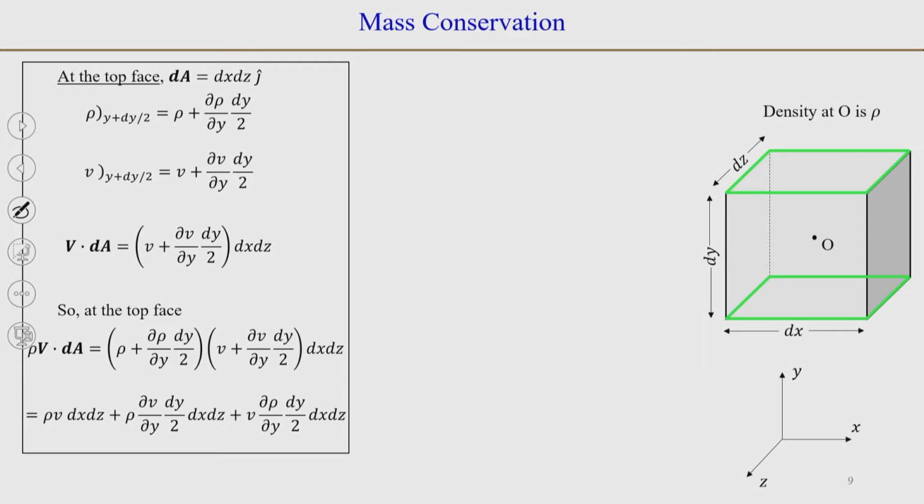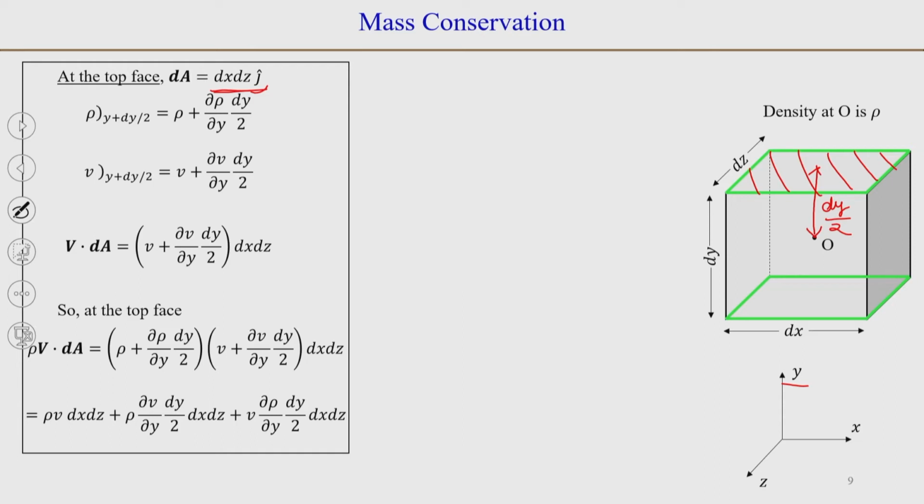So, next we can do the same exercise for the top and bottom faces. So, that is what we are going to look at. Let us look first at the top face, which is pointing out along the positive y direction, and the distance of this face from the point O is dy by 2. Because it is an xz plane pointing out in the positive y direction, the area magnitude will be dx dz, and the direction will be positive y direction, so the unit vector is j.